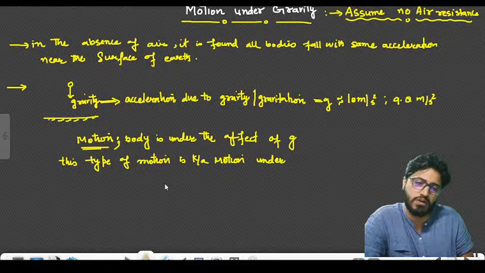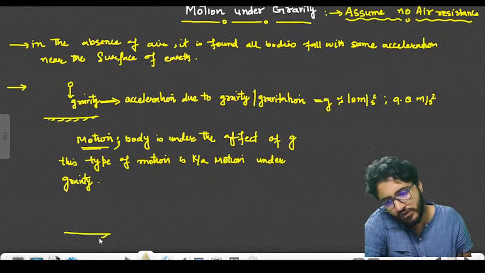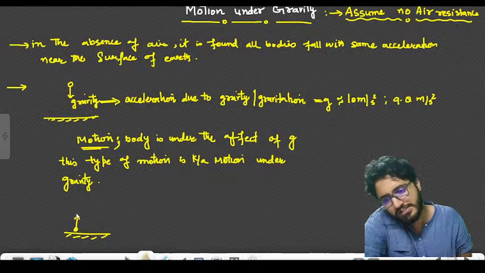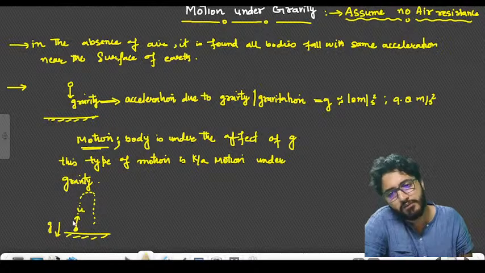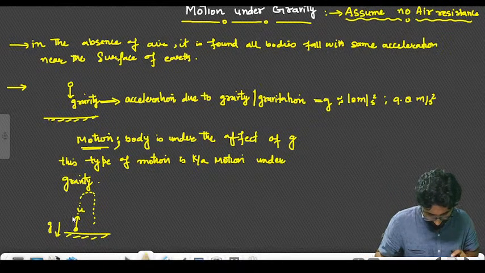Suppose you are throwing something upwards: the particle is going upwards, but acceleration is acting downwards. The particle will go up and ultimately it will come down. So this is a type of motion under gravity.